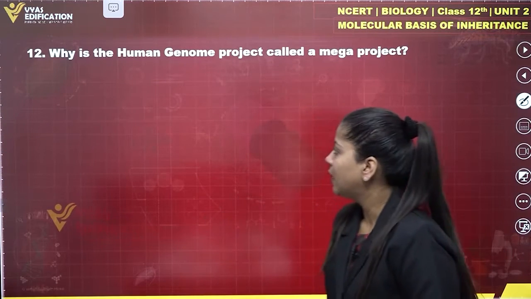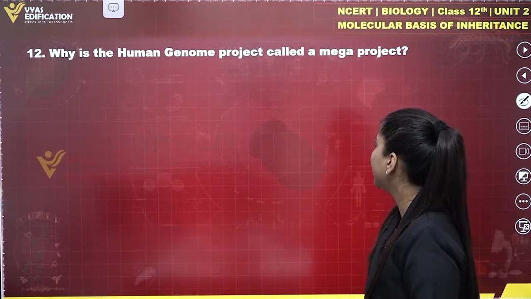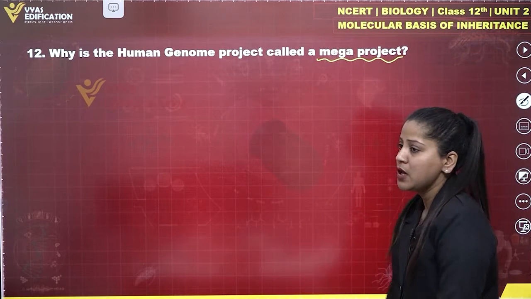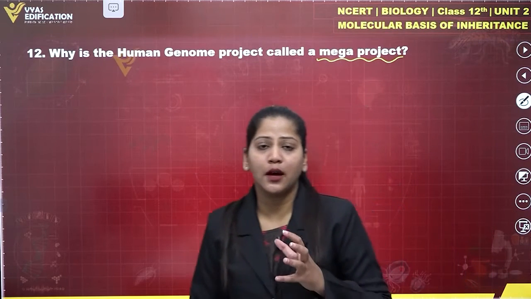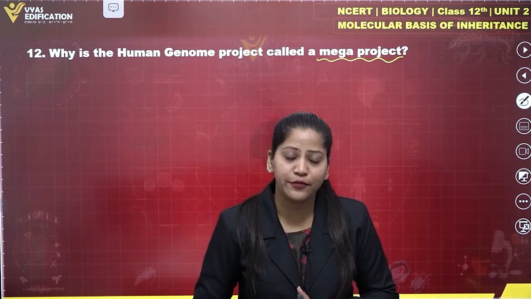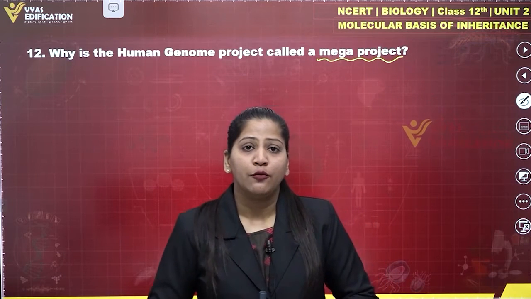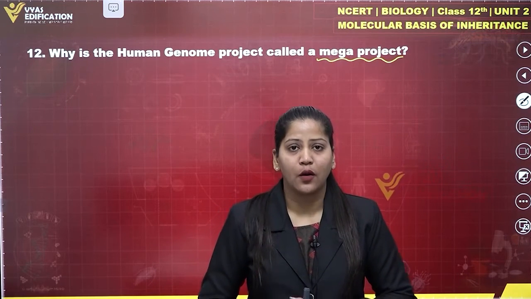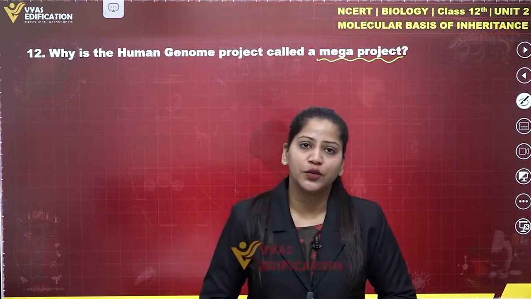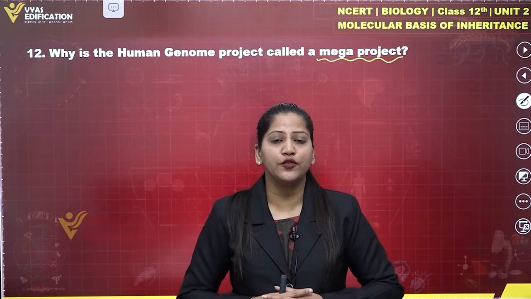Now let's talk about question number 12. Why is the Human Genome Project called a mega project? The Human Genome Project was a mega project because there was sequencing of each and every nucleotide base pair present in the human genome, which took around 13 years to complete. The aim of this project was to develop new technologies and new information in the field of genomic studies.